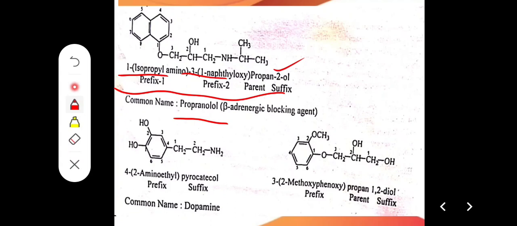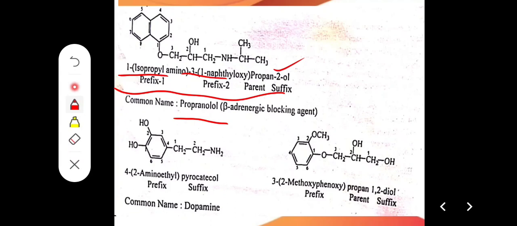Prefix means what? If we know English grammar, you know suffix and prefix. A prefix is written before the name of the compound, and a suffix is the term attached to the name after it. If there is a name and then ene is attached to it, that is termed a suffix.